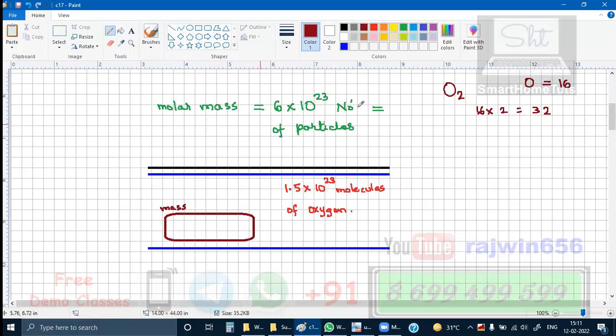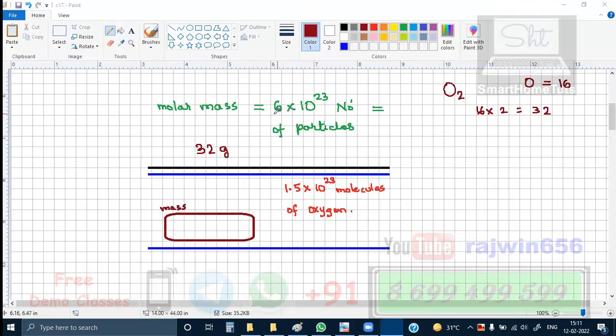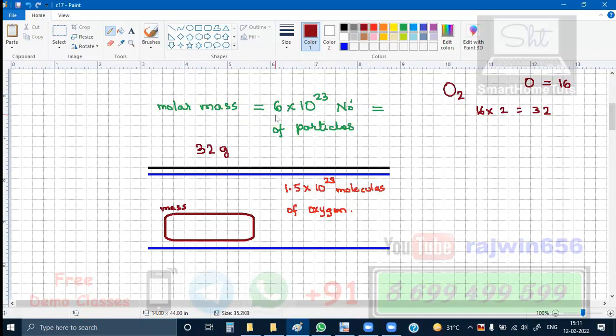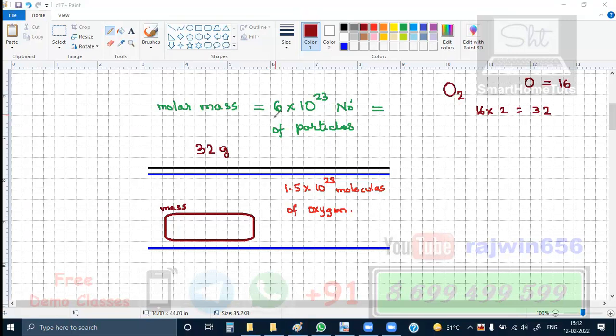Molecular mass as we have calculated it is 32, so in terms of grams, it is going to become 32 grams. 32 grams will have 6 into 10 raised to 23 number of molecules of oxygen. So 1.5 into 10 raised to 23 molecules of oxygen, its mass is going to be how much? This is what we are supposed to calculate.